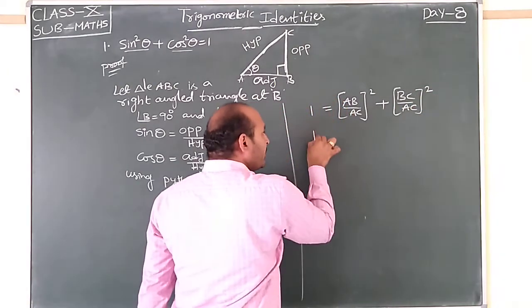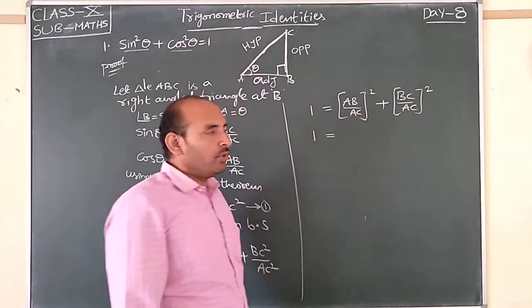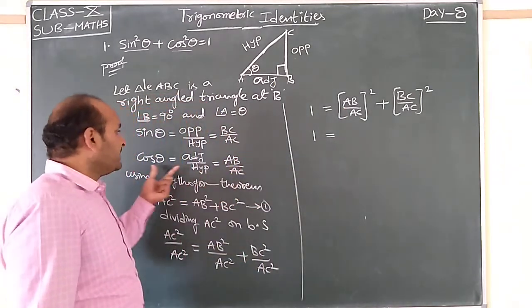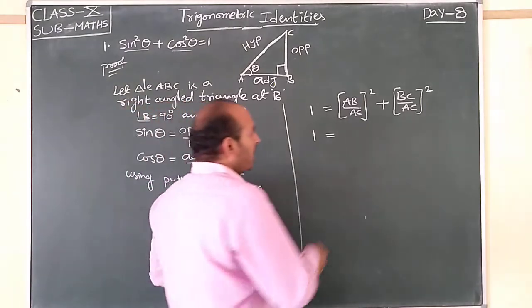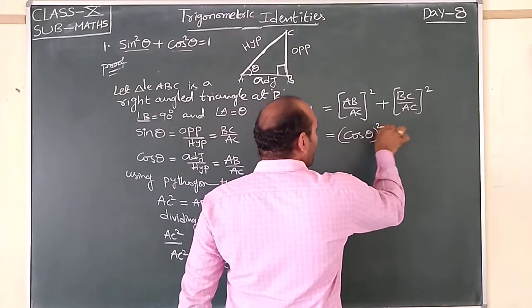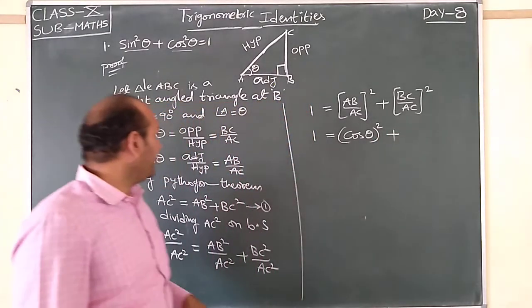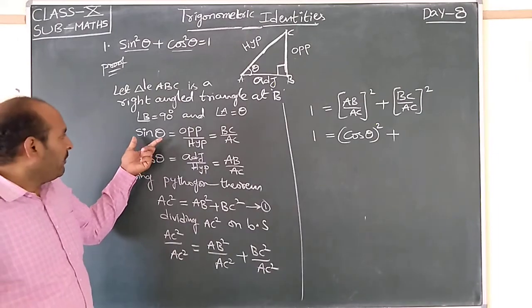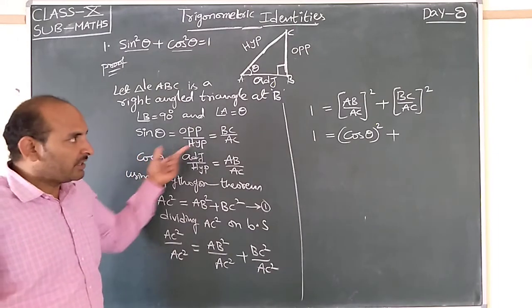So what you observe in this, 1 is equal to AB by AC value, that is cos theta, whole square, plus BC by AC value, which is nothing but sin theta. Already we had the two values, sin theta and cos theta. Substitute directly.